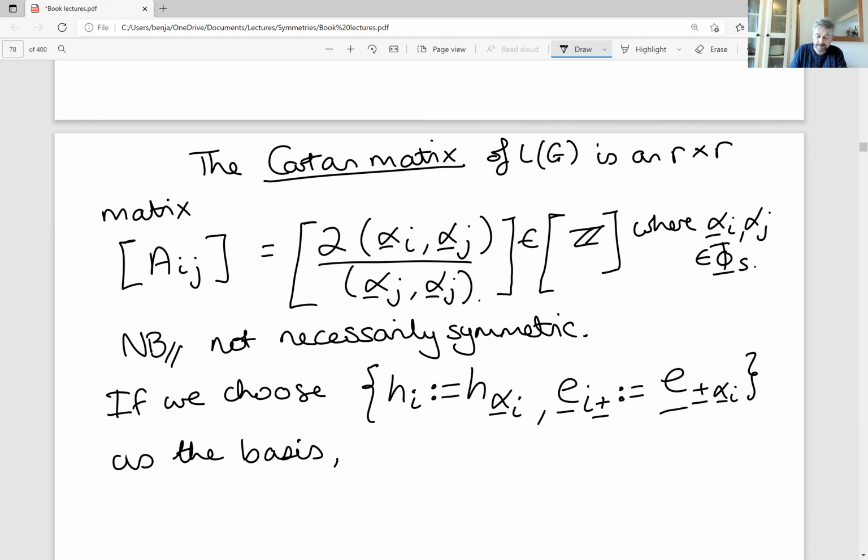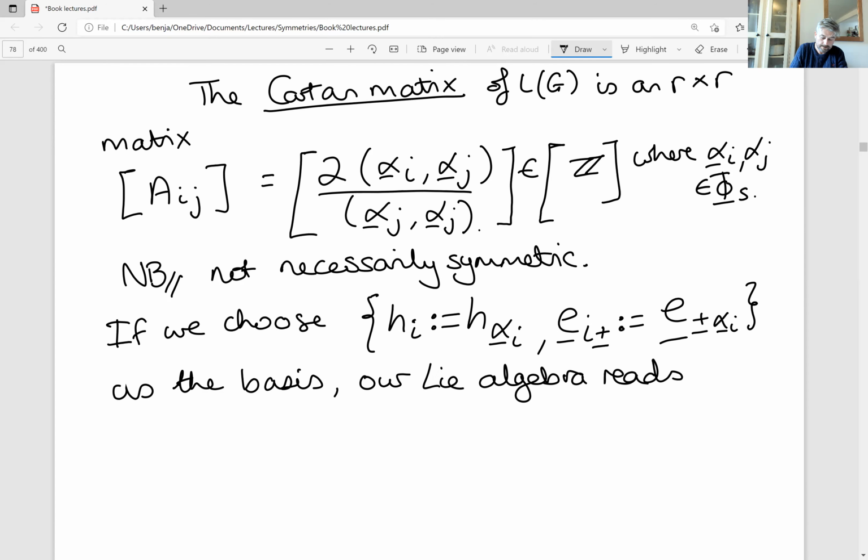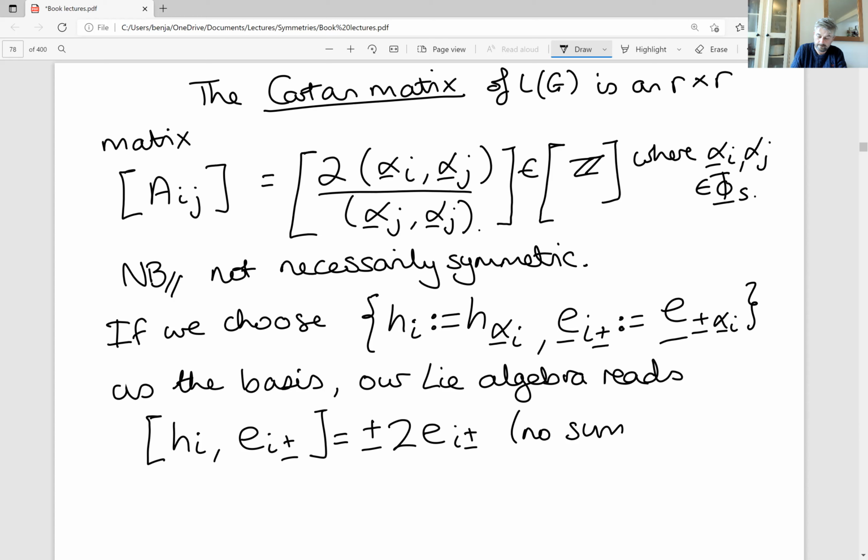Then if you look at how our Lie algebra now reads, it's particularly simple. We have that h_i bracket with e_i plus or minus, without any sum on i, is plus or minus 2 e_i plus or minus.